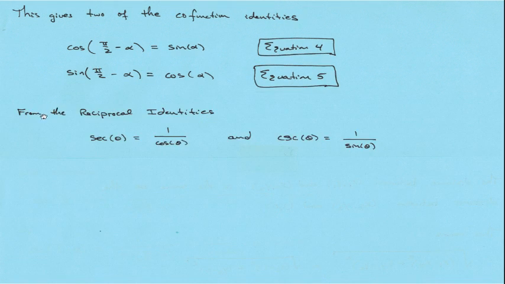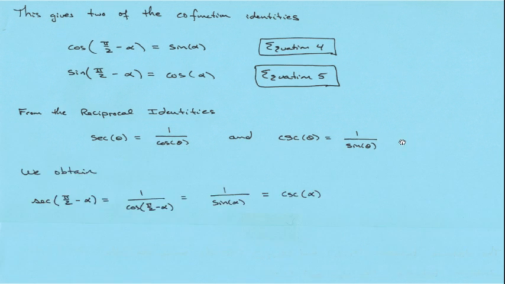So now if we go to the reciprocal identities, remember that secant of theta is 1 over cosine, and cosecant of theta is 1 over sine of theta. If we start with the secant of pi over 2 minus alpha, that's 1 over the cosine of pi over 2 minus alpha.